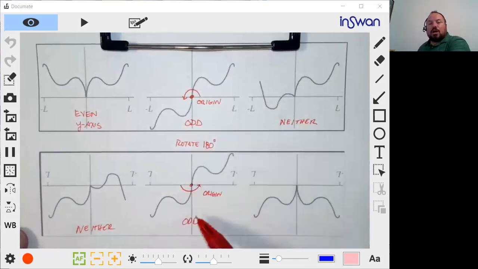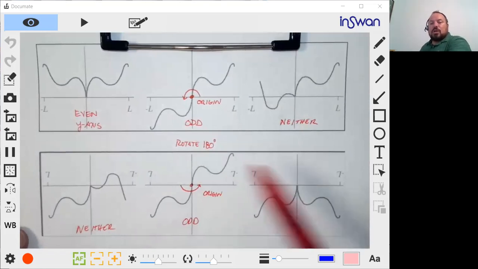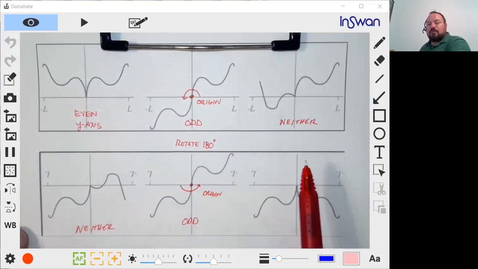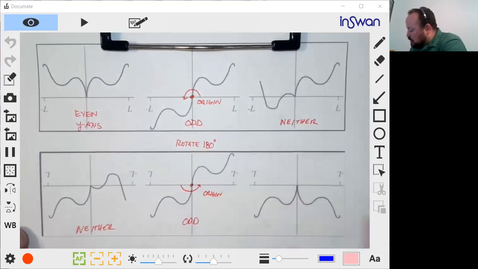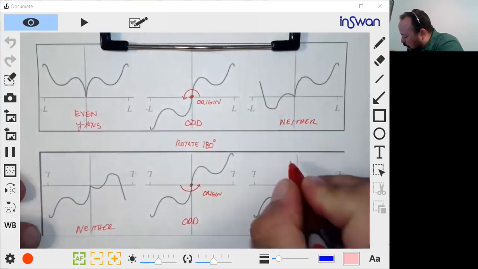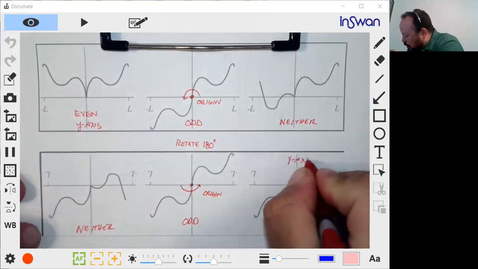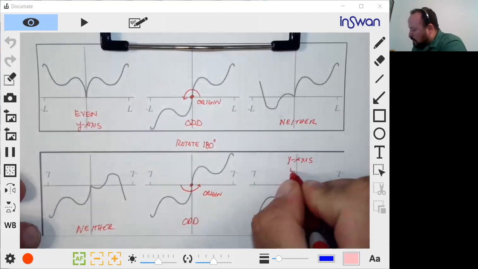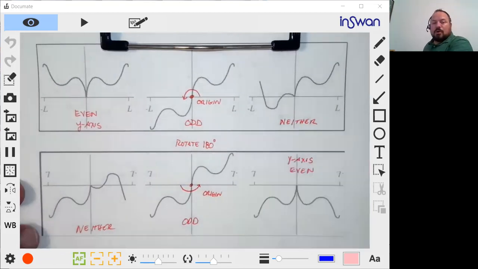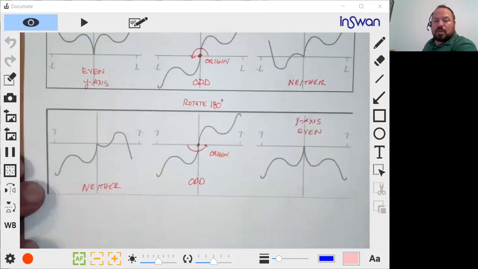That's what we call odd symmetry. And of course, if I make this rotation and I still have my y-axis being vertical, and I still have this y-axis symmetry, we call that even.